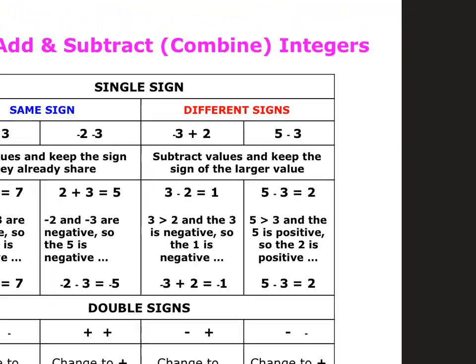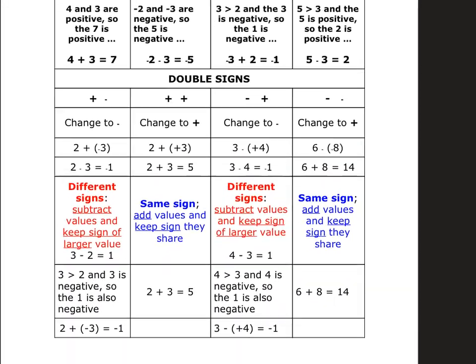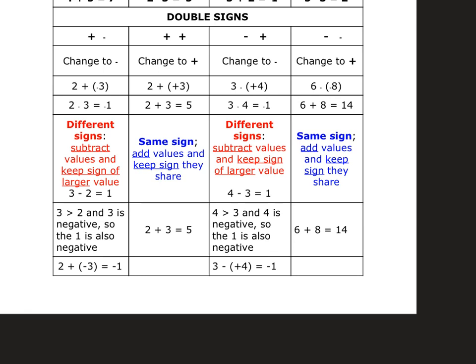Okay, moving along. Now what if we have double signs? Those directions were for single signs. Now if you have double signs, you're going to need to follow these rules. A double sign, for example, of plus a negative is going to change to a subtraction.